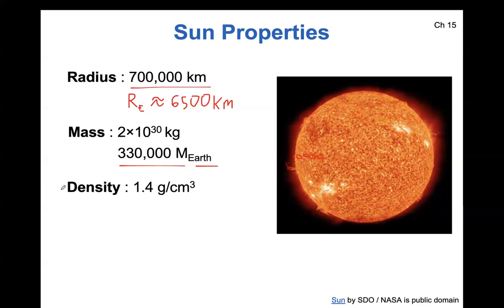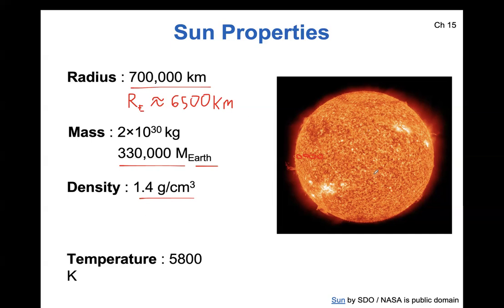Okay? I know it's an idea we keep going back to, but it's crucial to so much understanding when it comes to astronomy. The density is fairly low at 1.4 grams per cubic centimeter. It is comparable to gas giants, a little bit denser than Saturn, but not as dense as some of the gas giants, and way less dense than a terrestrial planet.